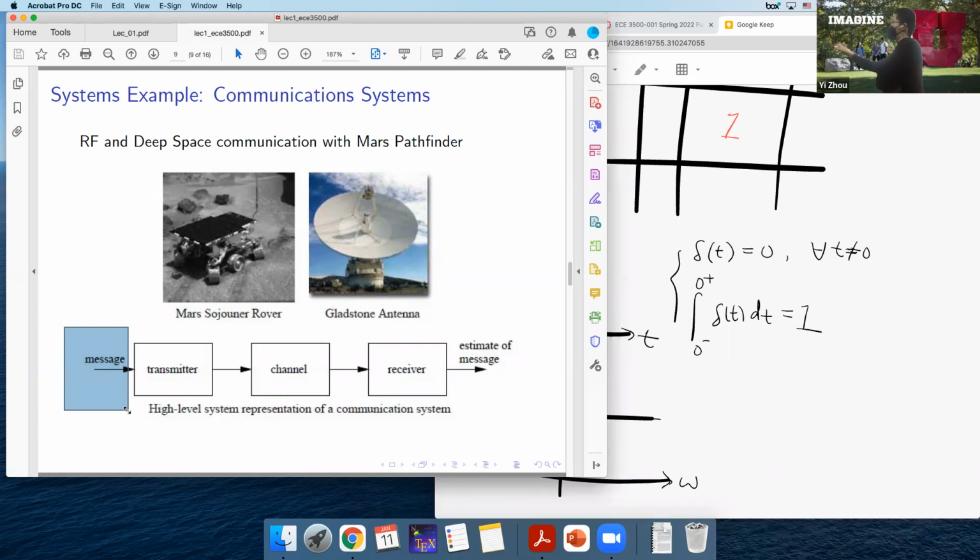And now you send the final message to the transmitter. The message is encoded in a way that is robust to the distortions in the channel.